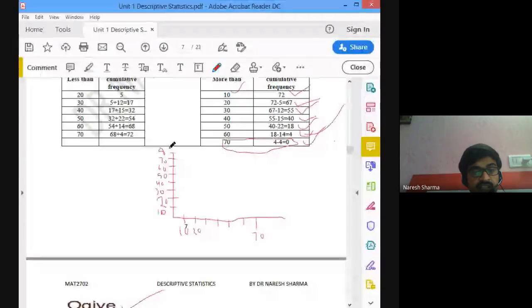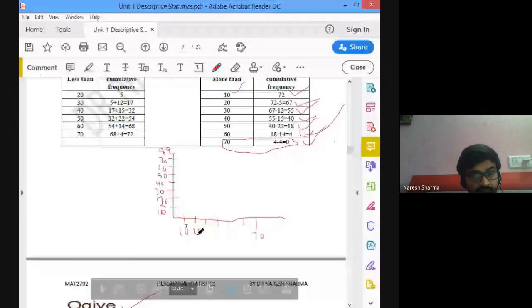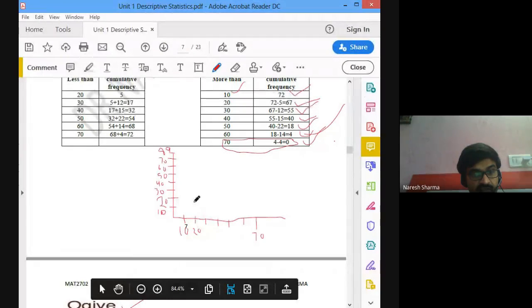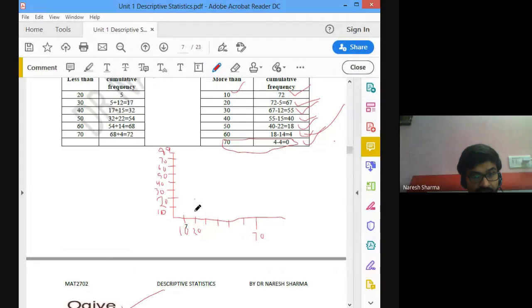As far as the graph is concerned, at 20 your height should be your 5, something here. At 30 it is 17, so it should be something here. This is a rough graph I am drawing. At 40 it should be 32, something here.